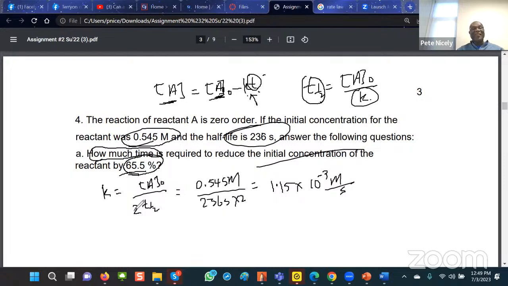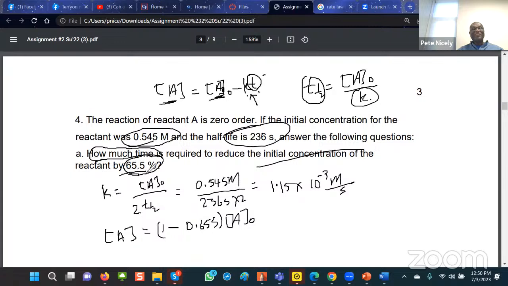So that means that the concentration of A would be equal to 100% or 1 minus 0.655 times the initial concentration of A. Everybody understands what I'm saying here?